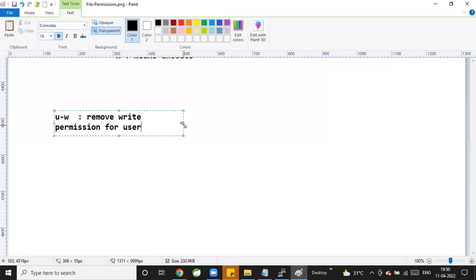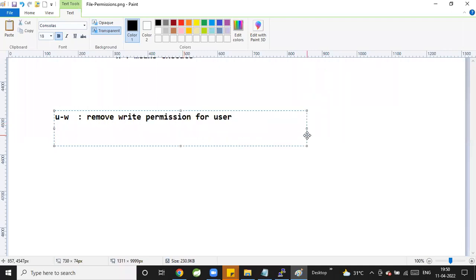Okay. Next one. I'm going for g plus x. Linux language, g plus x. Tell me. Adding execute permission for the group.